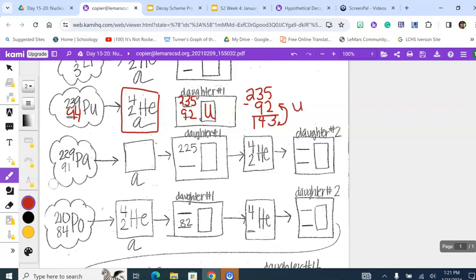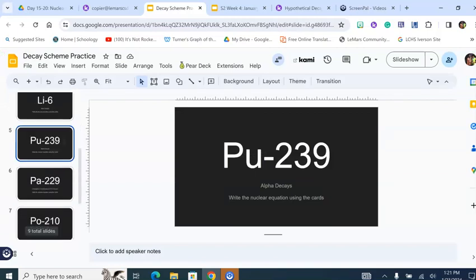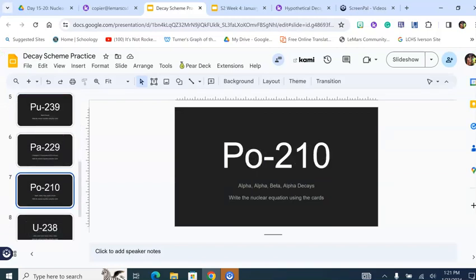So this is unstable, which means it's probably going to still do some decaying. Go to your next one. Oh, Pa 229. And it's going to undergo 2 consecutive alpha decays.